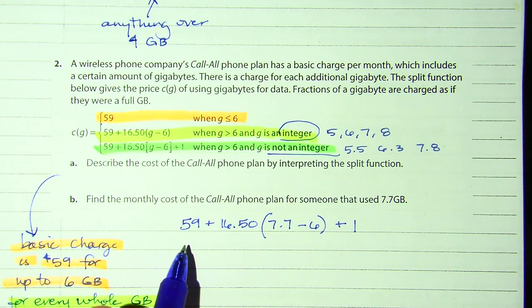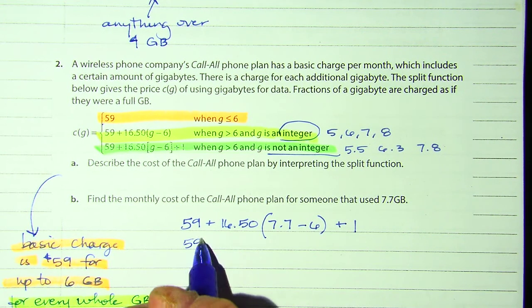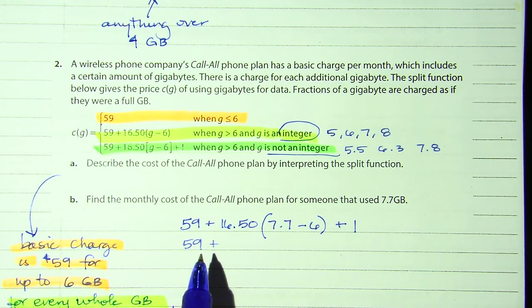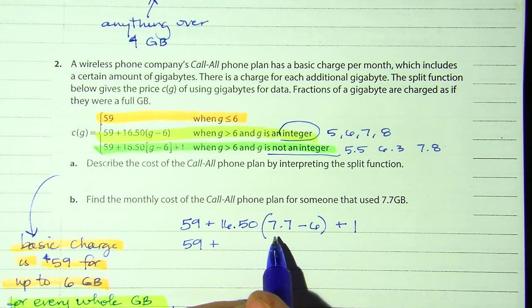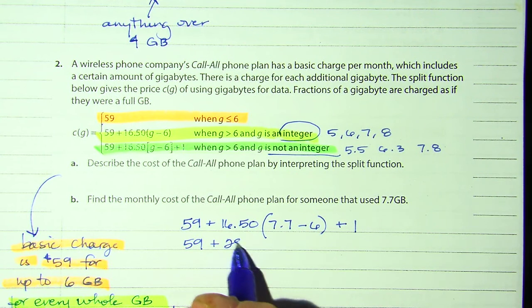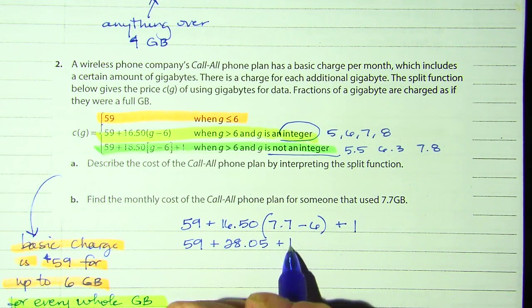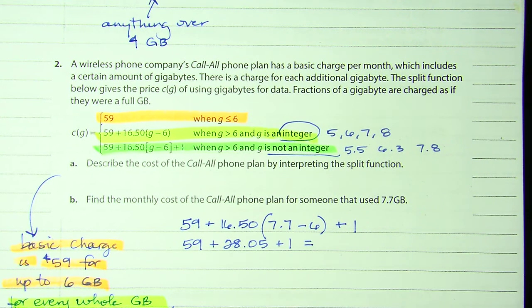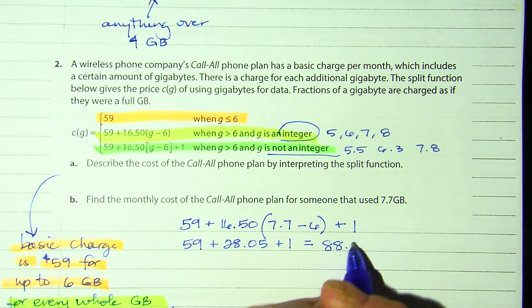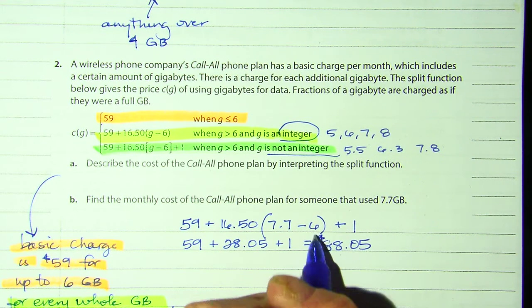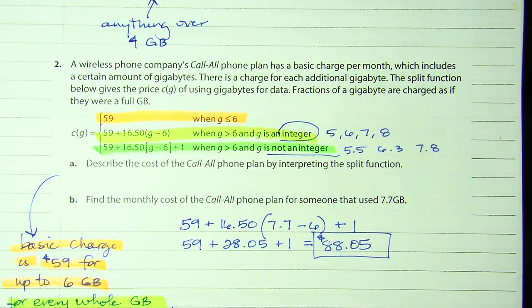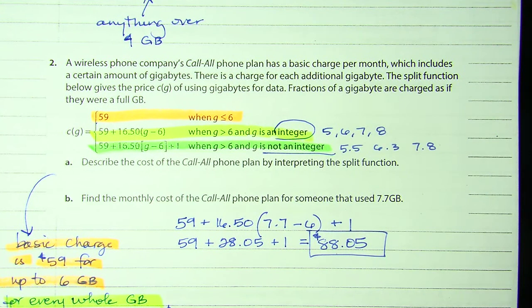And so I've got 59 plus 16.50 times 7.7 minus 6 plus 1. And so I get a total bill of $88.05. All right, next.